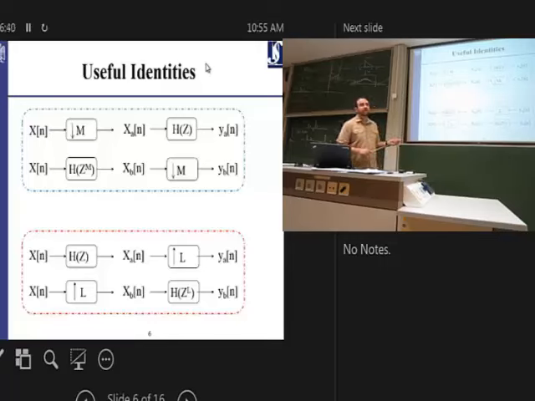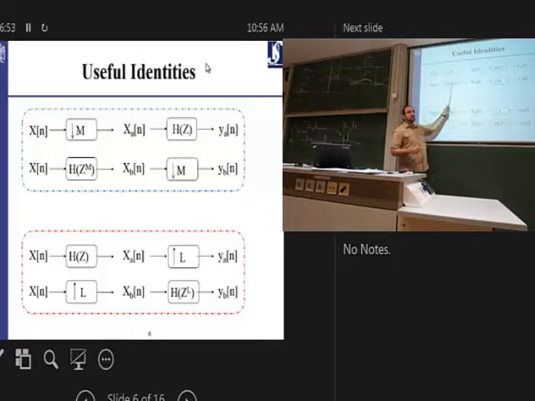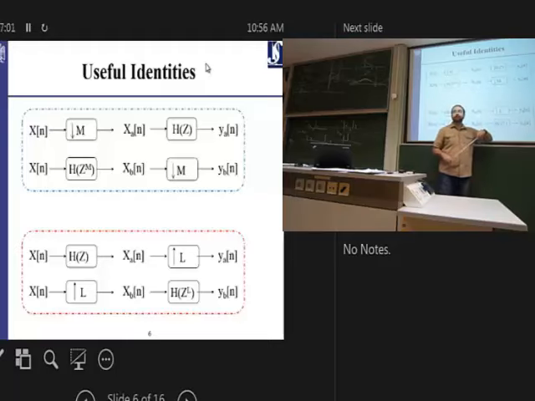It's exactly identical to say that we have x of n passed through a filter h of z to the power of m, and then the outcome signal of this is passed through a downsampler with the ratio of m. What is h of z to the power of m?